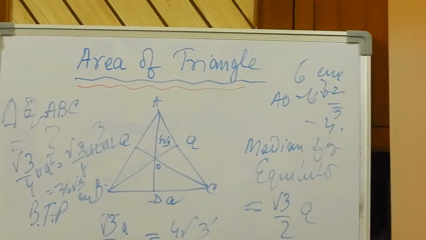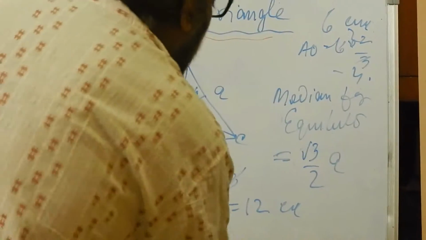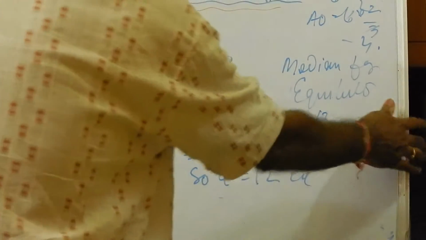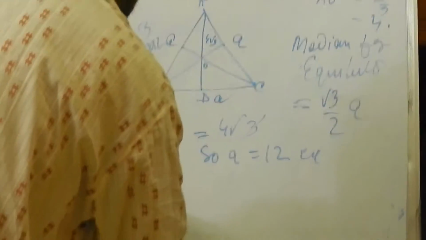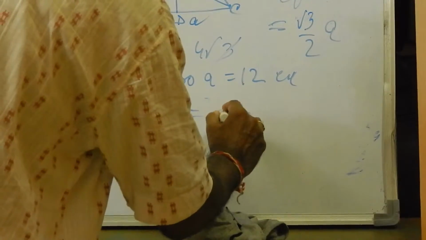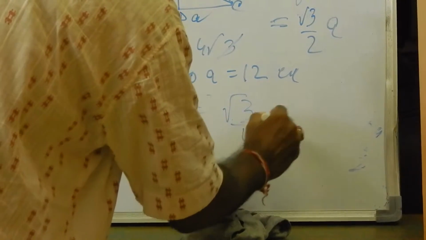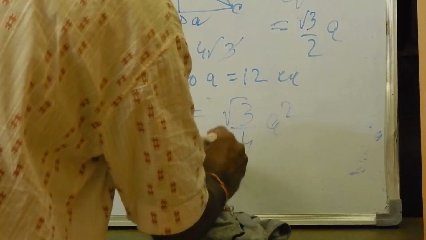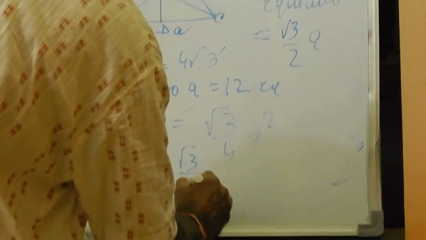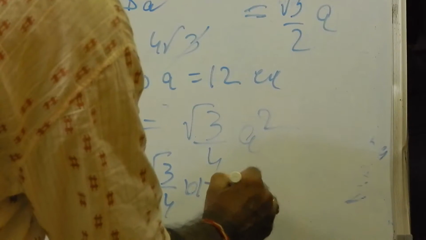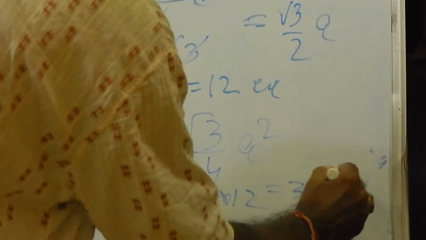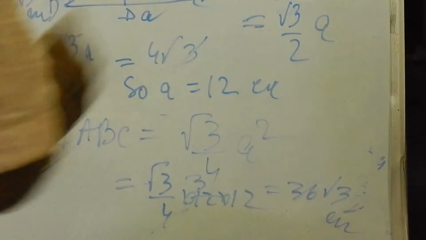This is the area. So when A equal to 12, area of ABC equal to root 3 by 4 A square equal to root 3 by 4 into 12 into 12 equal to 36 root 3 square centimeter.